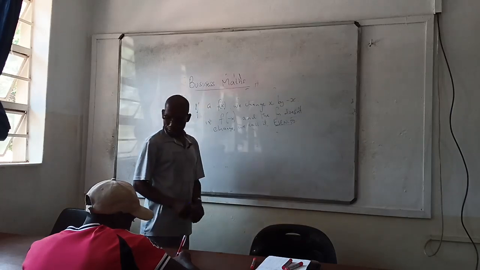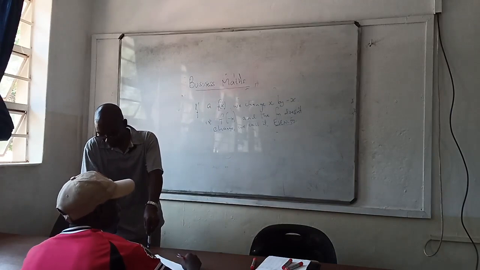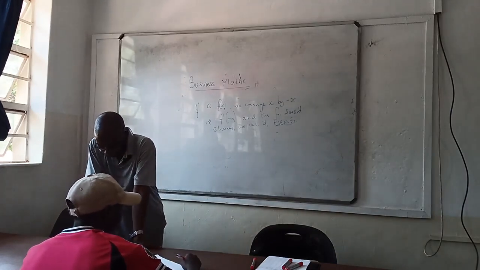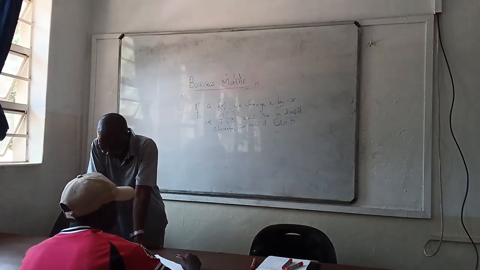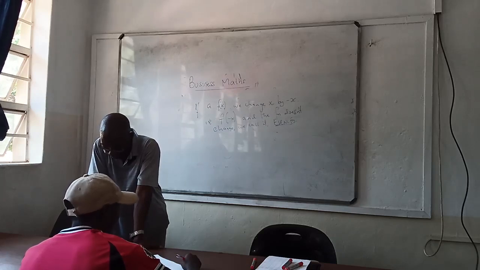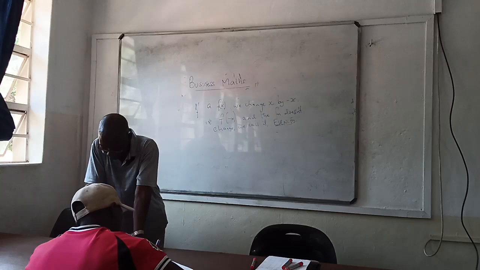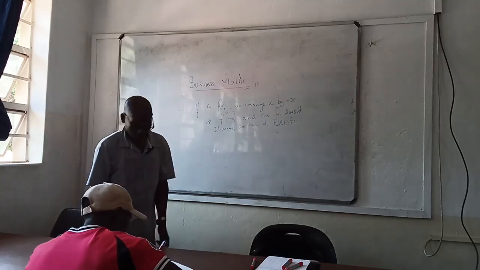We are calling it an even function. For example, f of x is equal to x squared minus 4.